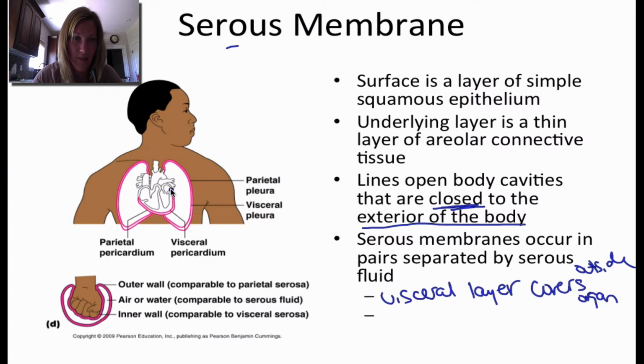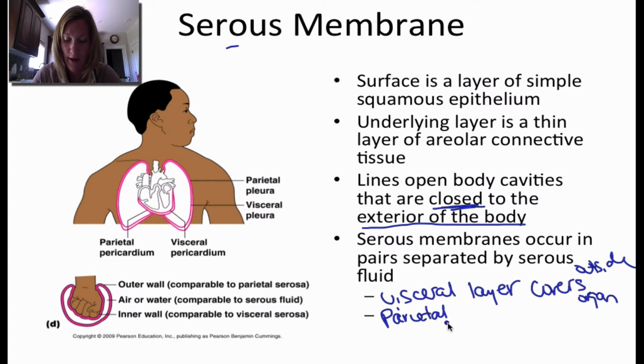If you look at this heart here, the visceral pericardium is the one that's closest to the actual heart. Okay? Then the other is going to be the parietal.